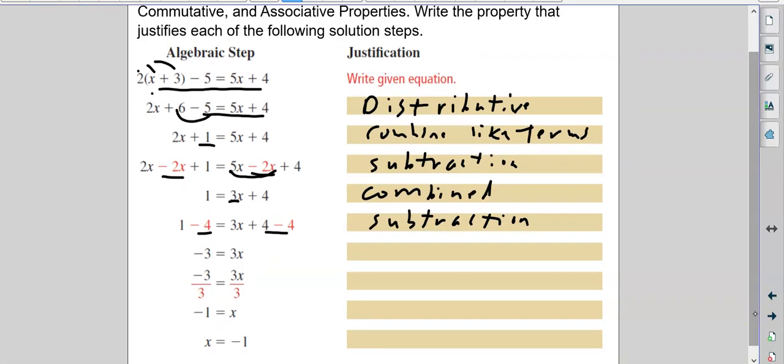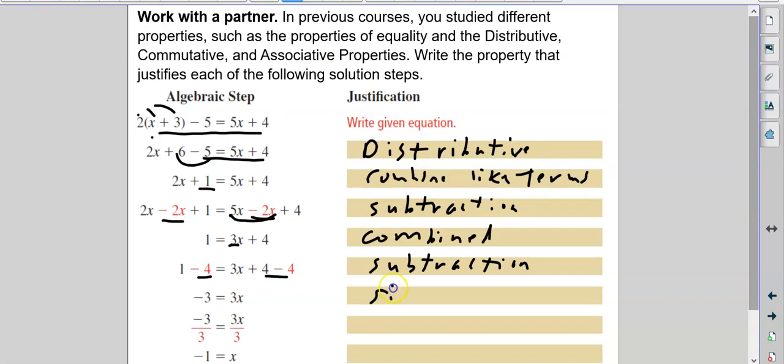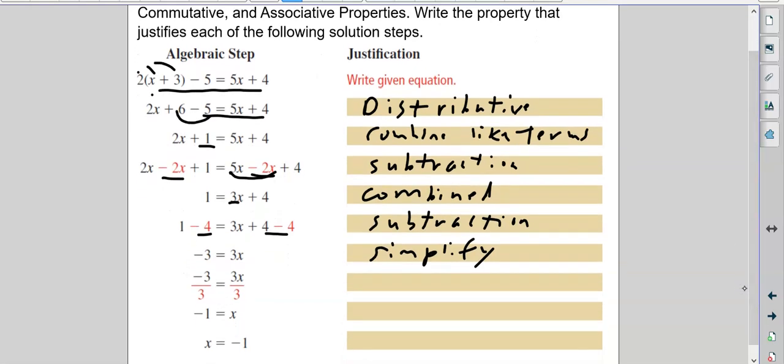Okay, so here we're just simplifying, which is also a term we could use here and here. Combine like terms or simplify. Now, what's happening here? We're dividing both sides by 3, so that's the division property.